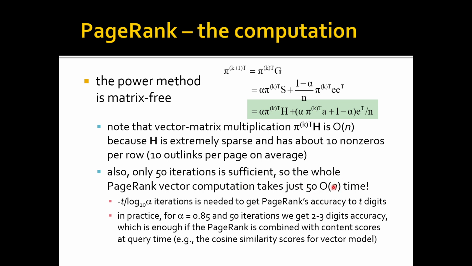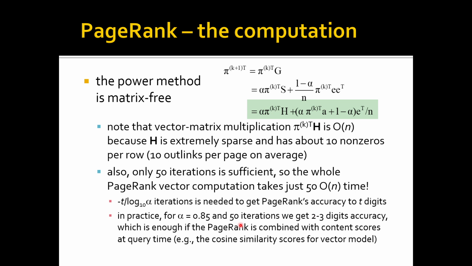It is also a very interesting result that if we want accuracy of PageRank to t digits, it's enough to have this number of iterations: minus t divided by the logarithm on base 10 of the alpha parameter. That's why we need just 50 iterations for, let's say, 2 to 3 digit accuracy.